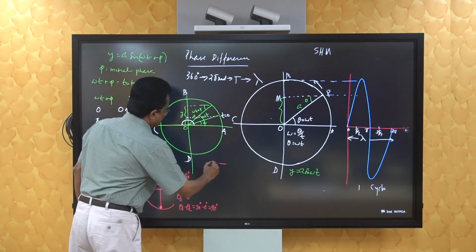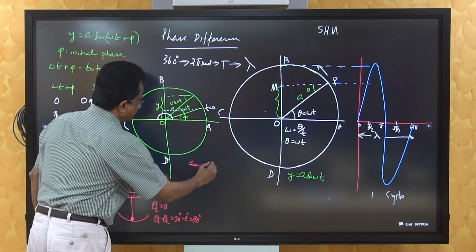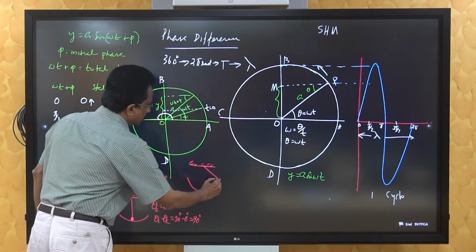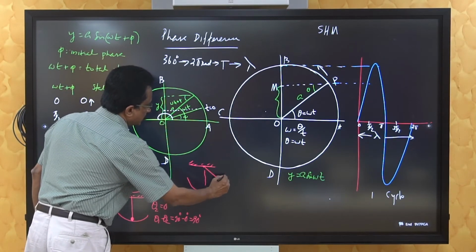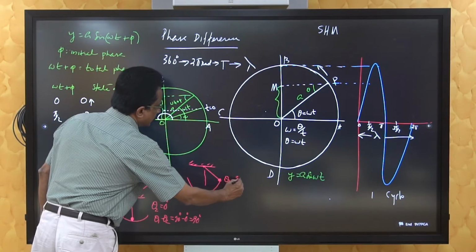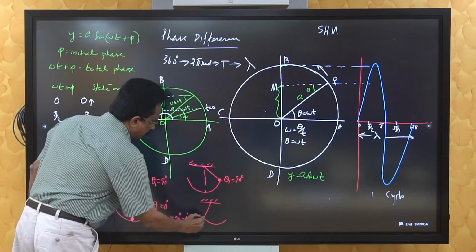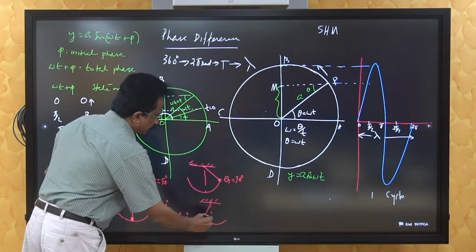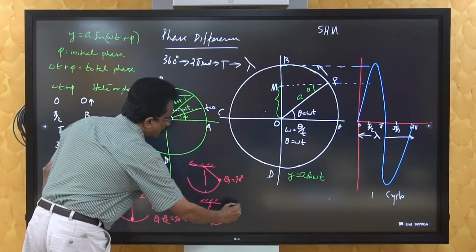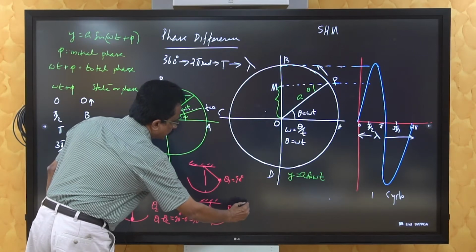Now the second example. Now the bob is at the right extreme, so theta 1 is equal to 90 degree. Here the bob is at the left extreme, then the angle theta 2 is equal to 270 degree.